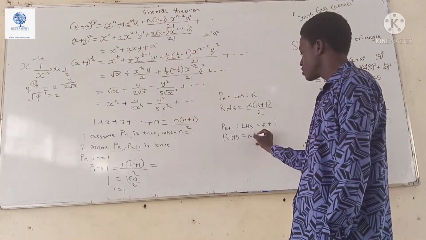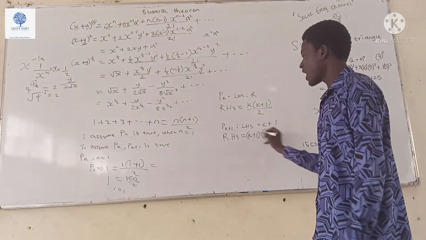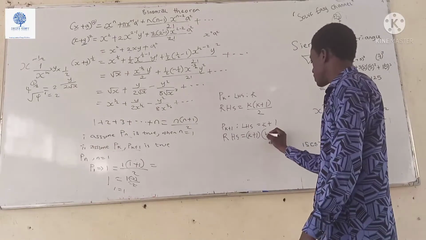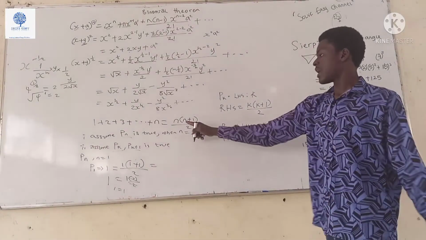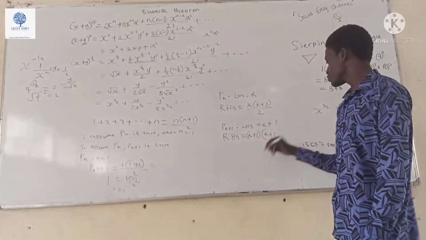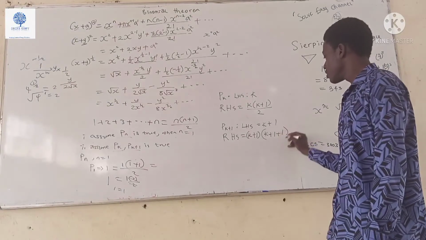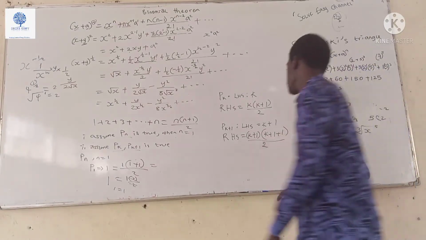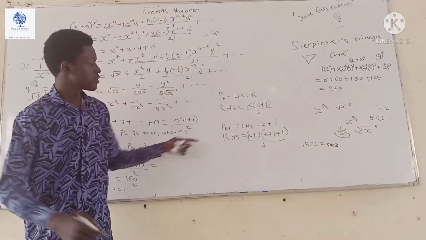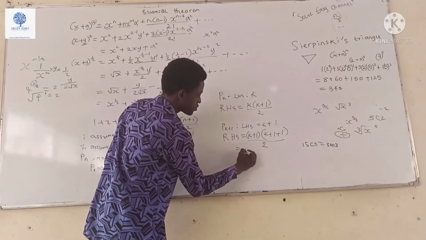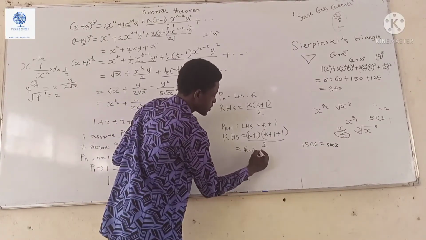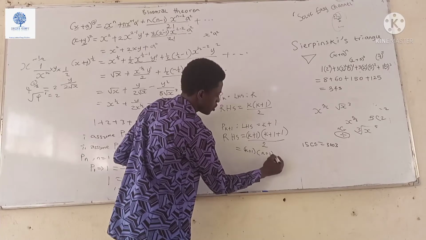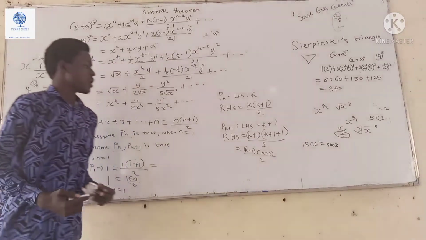We have k plus 1 times wherever there is n, we put k plus 1. But apart from this n, we also have a plus 1 there. We have plus 1 all over 2. Now looking at this very well, this is equal to k plus 1 times k plus 2 all over 2.